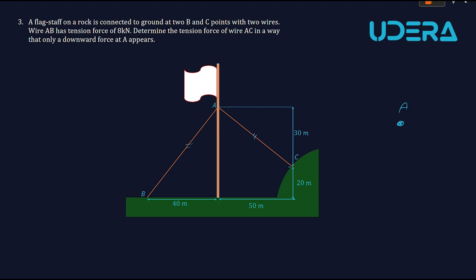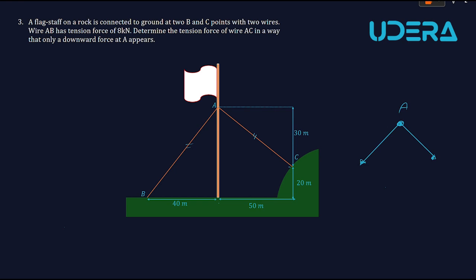The point A is where the wires are connected, and those wires grab the flagstaff at the point A. Of course, the forces must be tensile to hold the flagstaff.